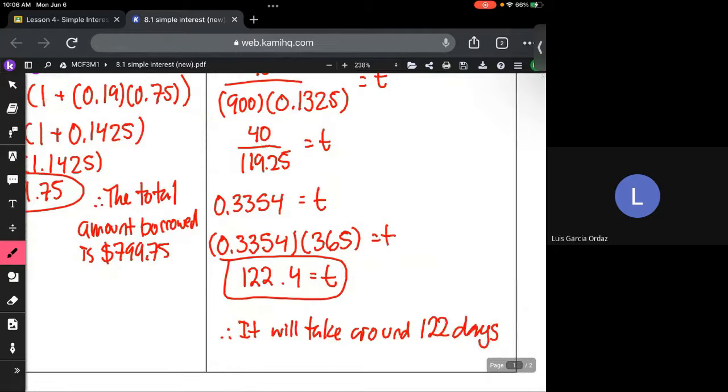Therefore, it will take around 122 days. So again, this is easier than all of the stuff we did previously.